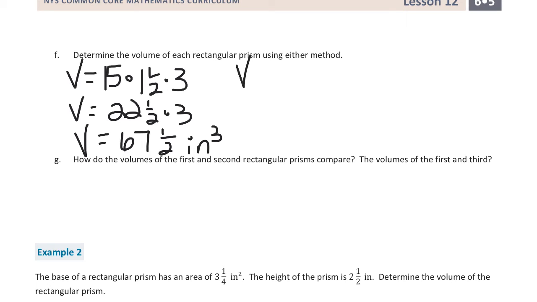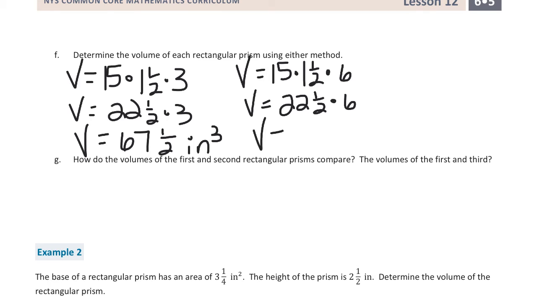On the second one, we had 15 times 1.5 times 6, or the second way we wrote it, we went ahead and found the area of the base, and so that volume is 135 inches cubed.